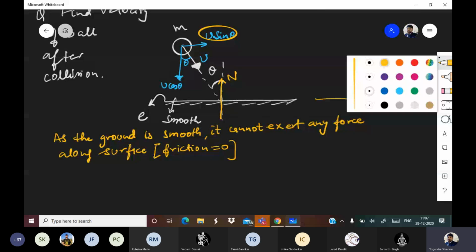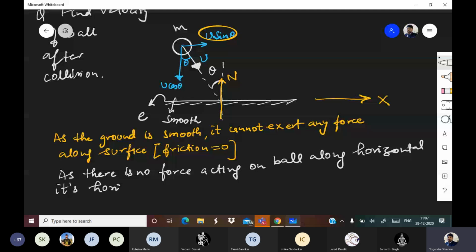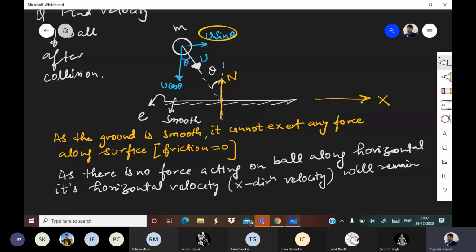As there is no force acting on the ball along horizontal, its horizontal velocity, basically x direction velocity, will remain unchanged.